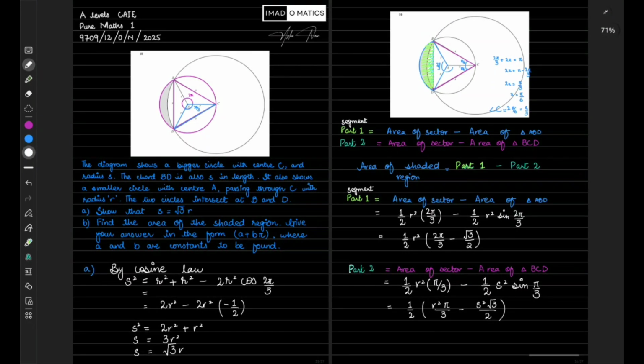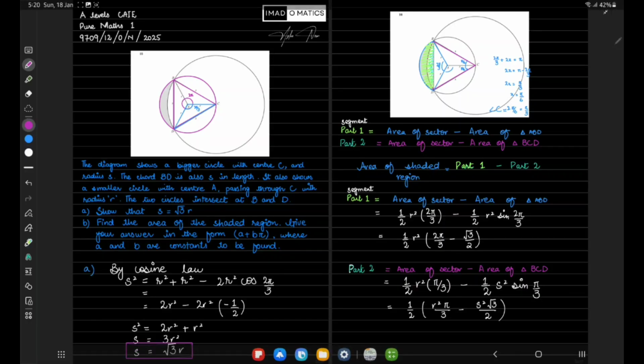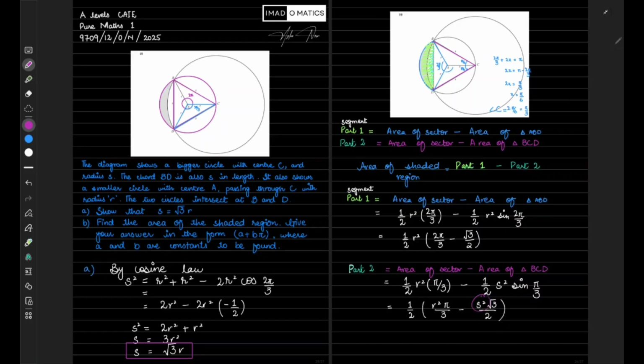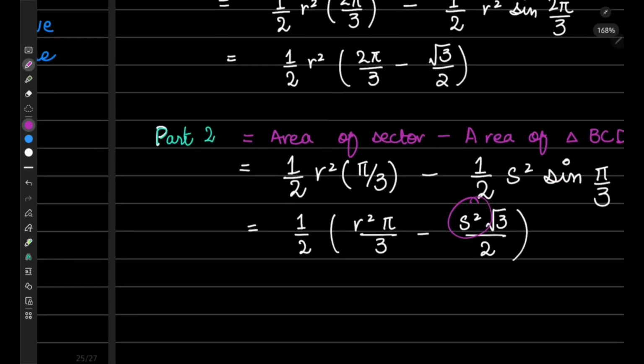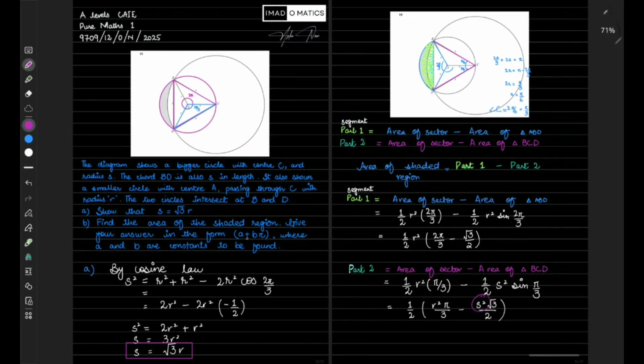One more thing is we have already found that S is equal to root 3 r. So we can simplify this S square as 3r square so that we can simplify it in a better way. Also, I think we should be writing the answer in a plus b pi form.